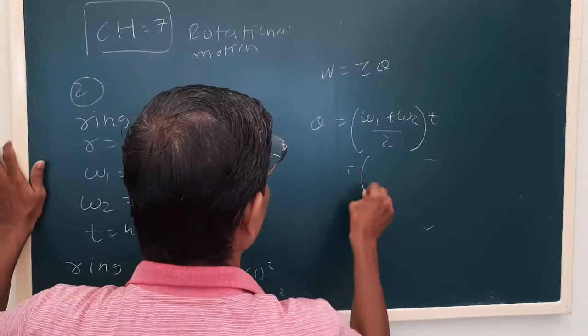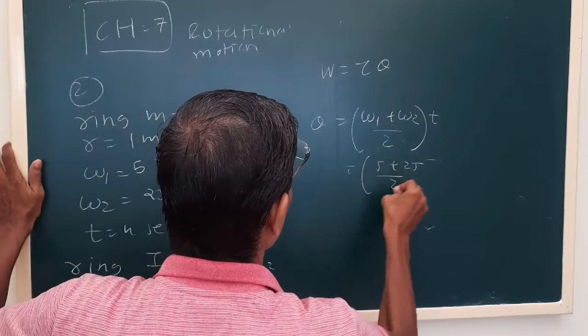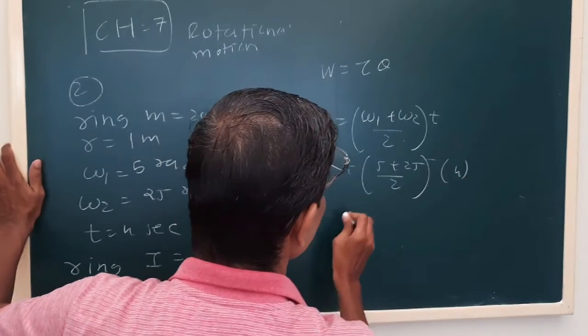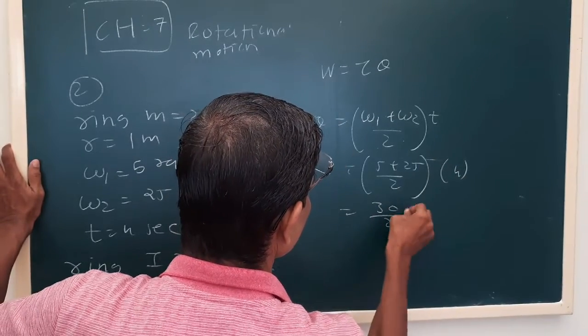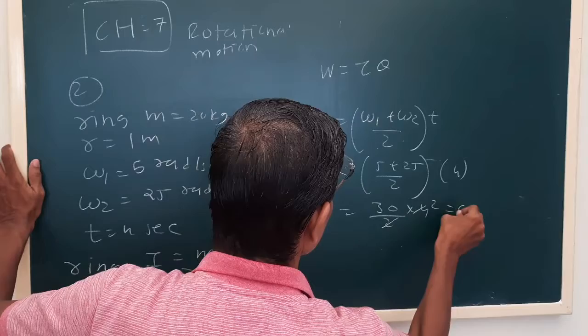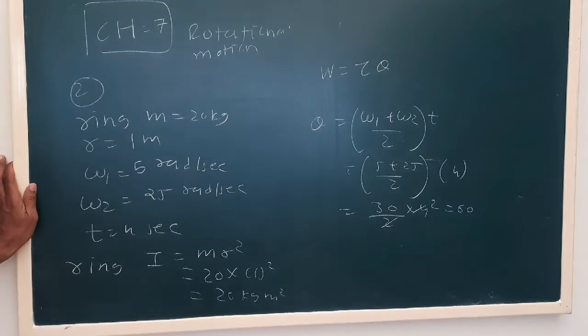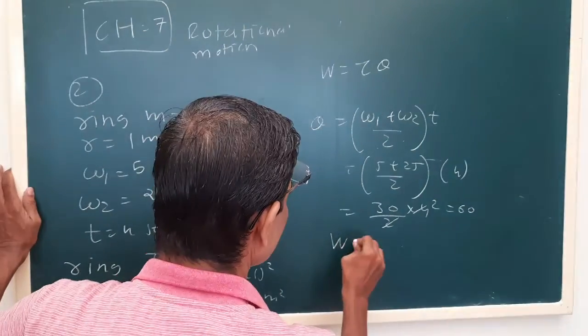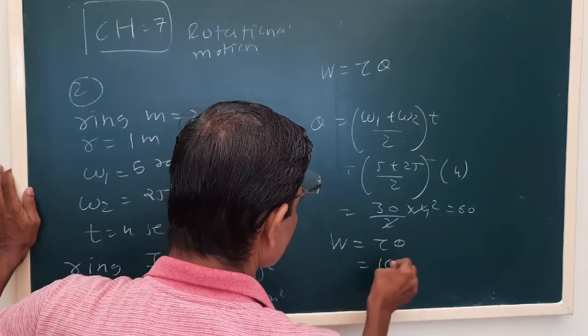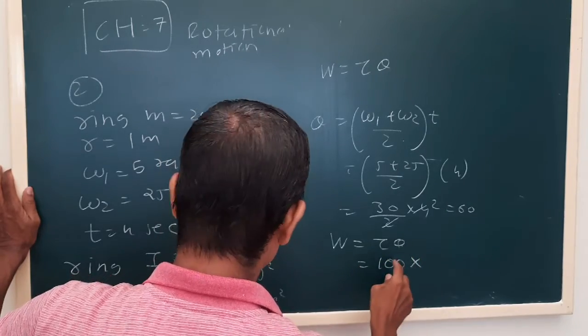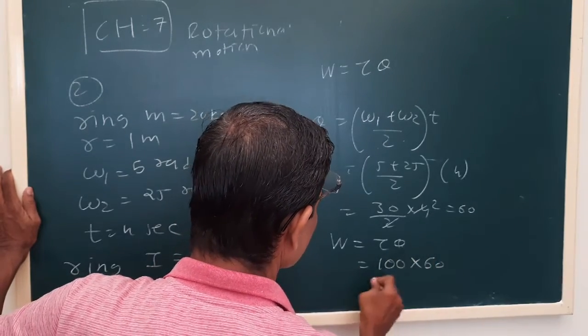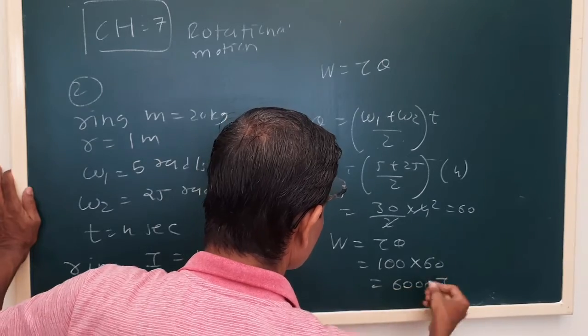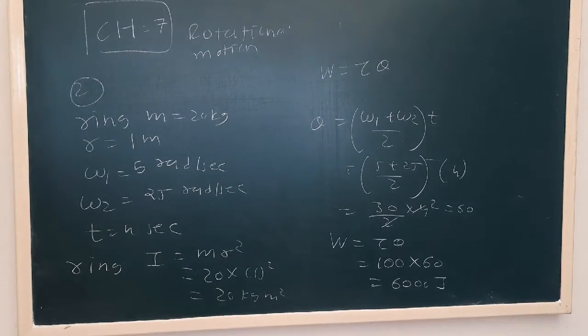Here time is 4 seconds. Torque we have obtained is 100 and theta is 60. Work done will be 6000 joules. So this is how we can solve.